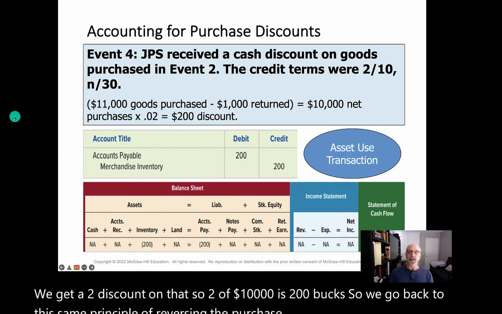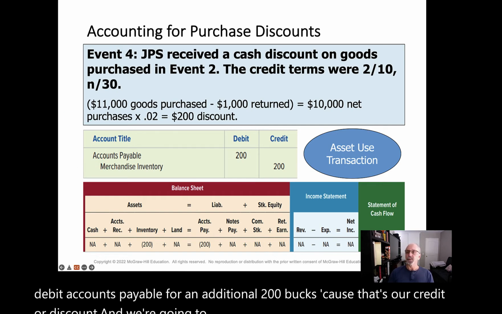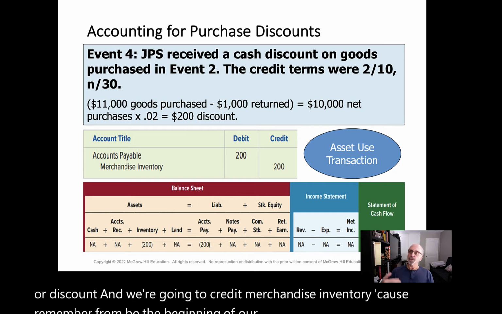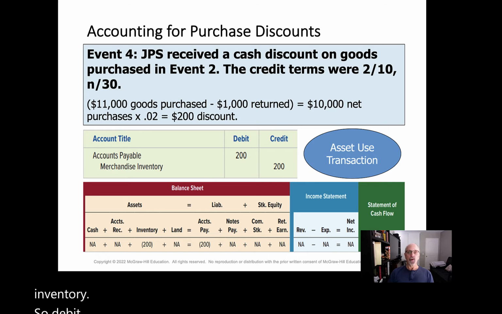We're going to debit accounts payable for an additional $200 because that's our discount, and we're going to credit merchandise inventory because remember from the beginning of our discussion, the merchandise inventory account must reflect what we paid for the inventory. So debit accounts payable, credit merchandise inventory, and that is in response to taking the 2% discount.